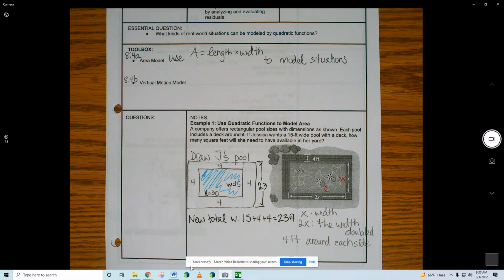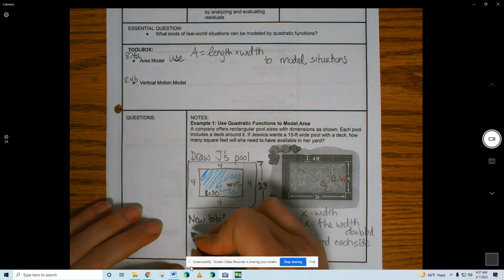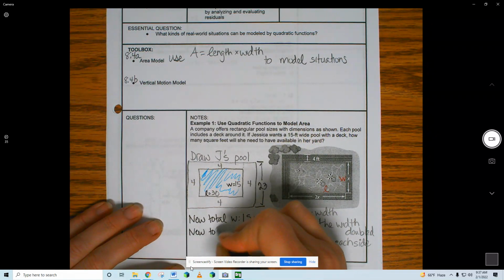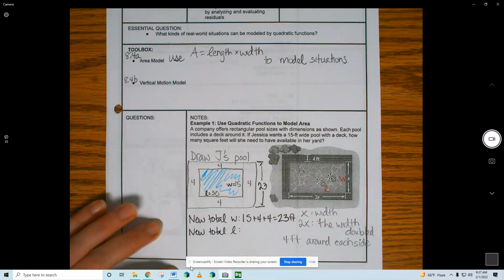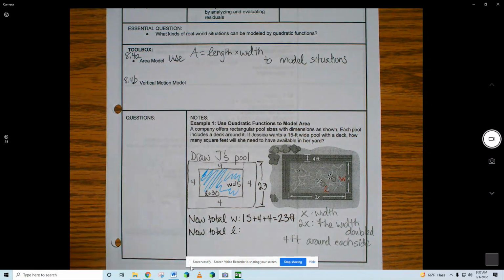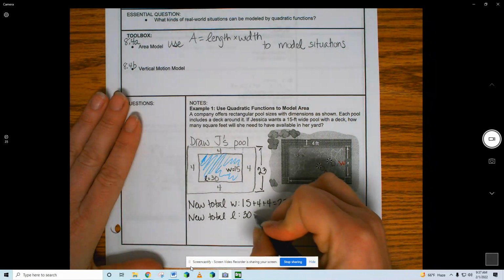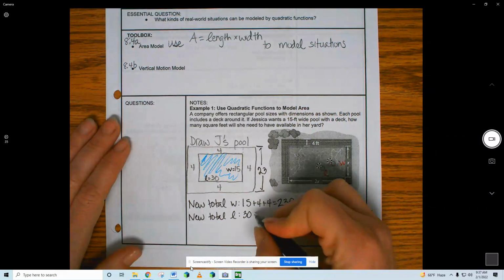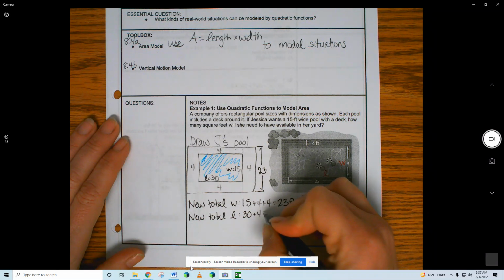Now, at your tables, figure out if the length is 30 and then she has 4 on each side. Talk at your tables, what's the new total length going to be? 30 plus 4 plus 4.